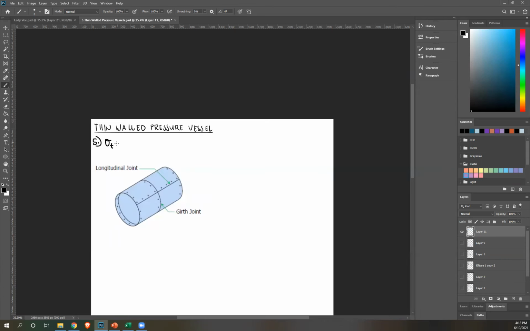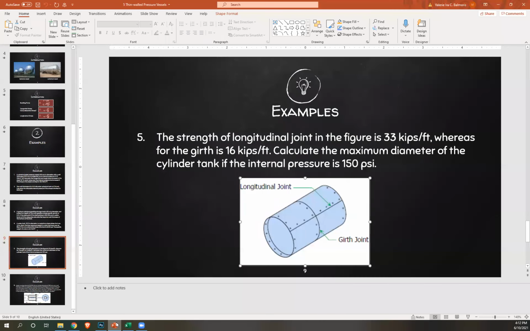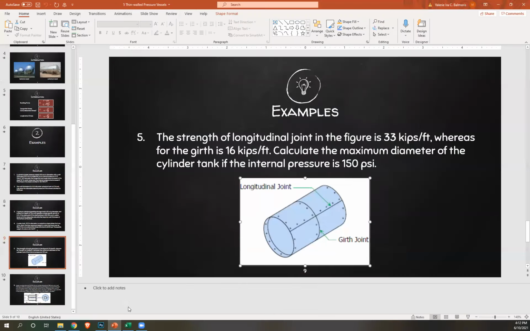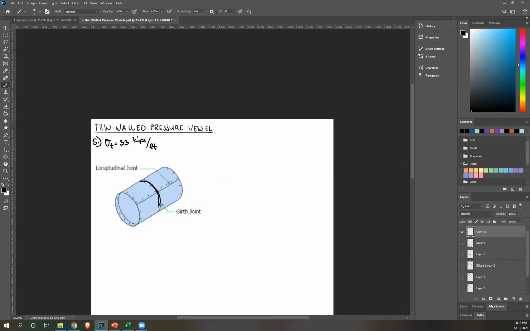Tangential. So this is actually sigma t, right? 33 kips per feet. And then we have strength for the girth. So strength for this area, right?